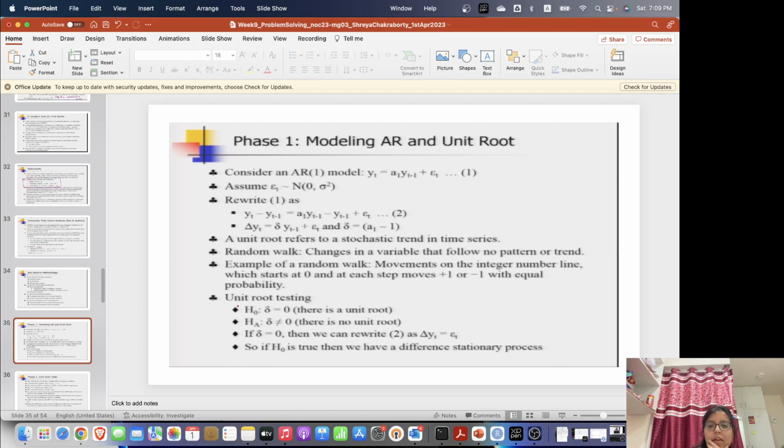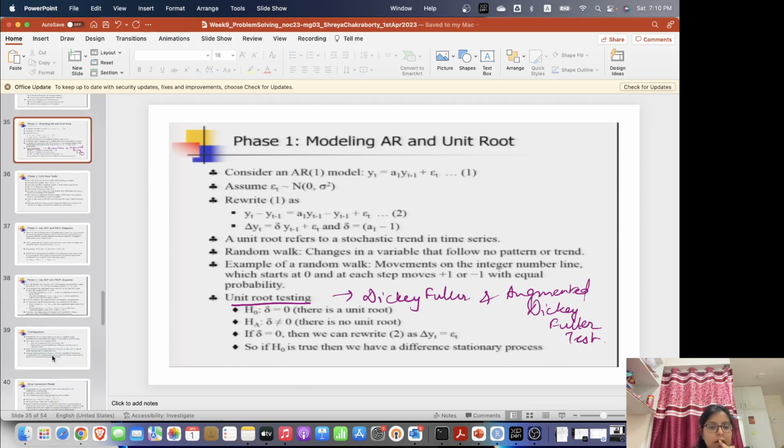And also, if we have to go for unit root testing, we should go for the two tests that were discussed, Dickey-Fuller and augmented Dickey-Fuller test.